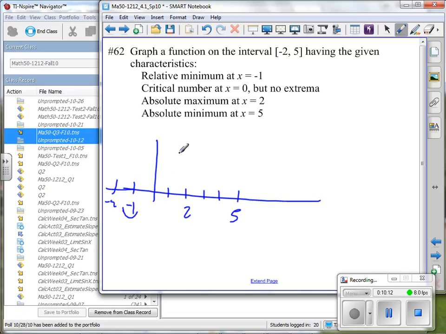I need an absolute maximum, let's say here, and an absolute minimum then down here. So what's going to happen in here? I can see myself doing this, okay, something like that. But what's going to happen here is we're going to have to come up and somehow make it a vertical there. If I could do something of a cubic root curve, then I would have that.